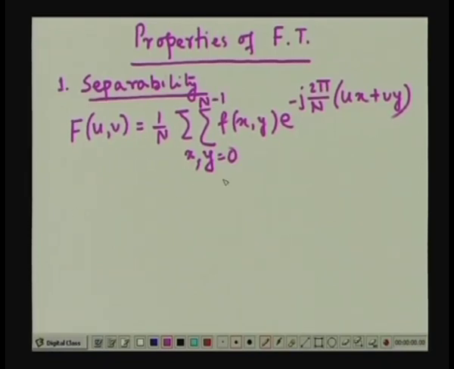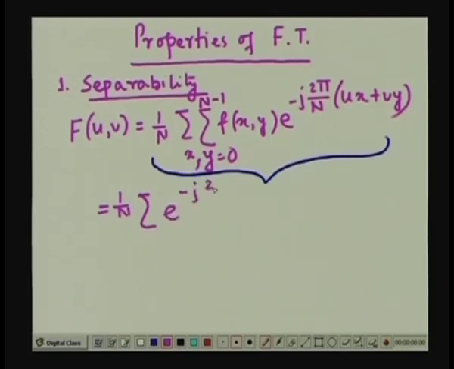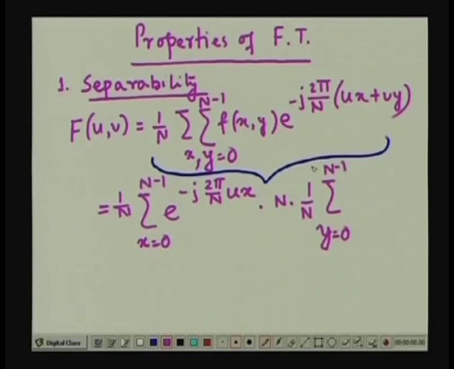This expression can be rewritten as 1 upon N summation, x varying from 0 to capital N minus 1, e to the power minus j 2 pi by N ux, into N into 1 upon N summation, y varying from 0 to capital N minus 1, f(x,y) e to the power minus j 2 pi by N vy.